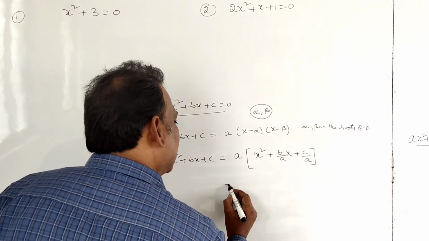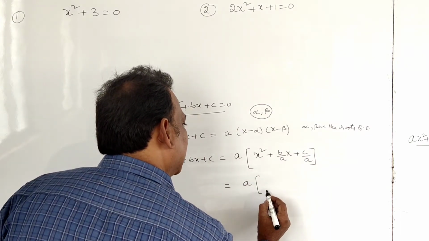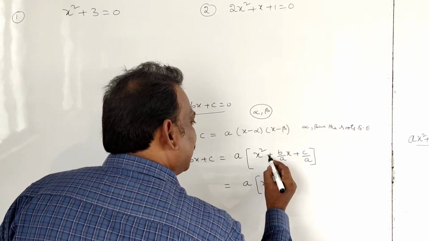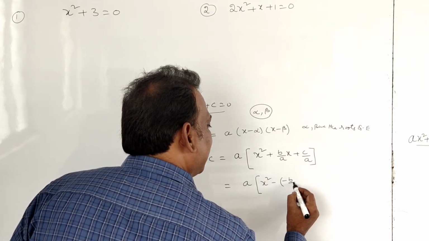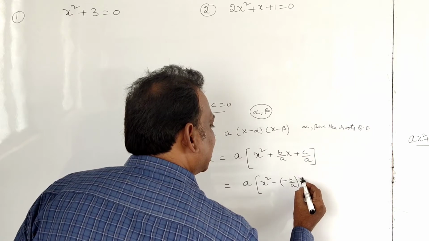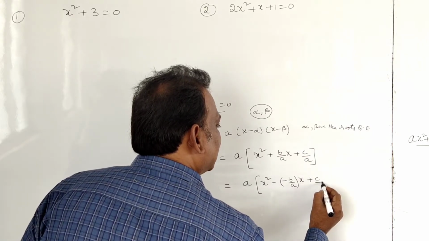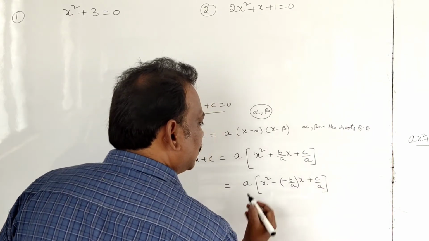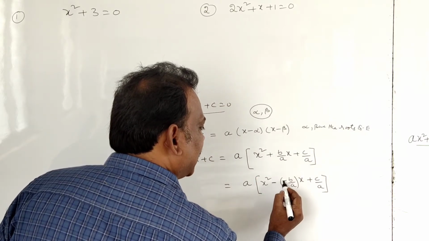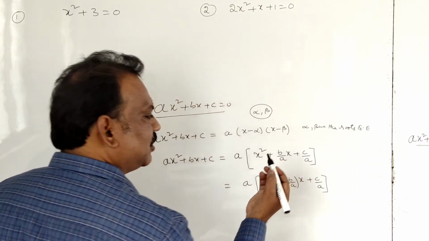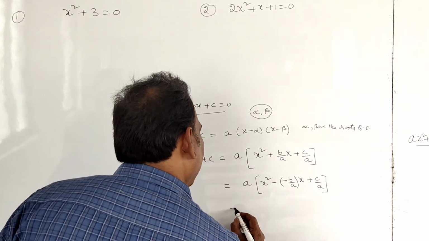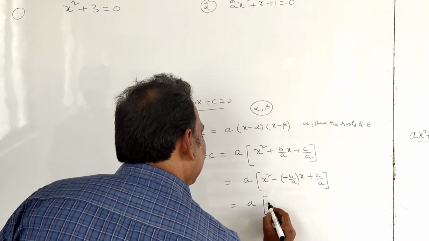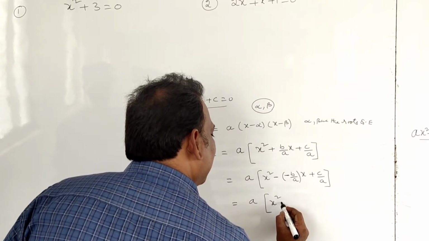Right. Next, a, open the bracket, x square, this plus b, I am writing minus of minus b by a into x. This is plus c by a. Understood, students? This plus, we are splitting into minus of minus, plus only. Why are we splitting? You will understand in the next step. See here. A into x square, this minus will be the same.